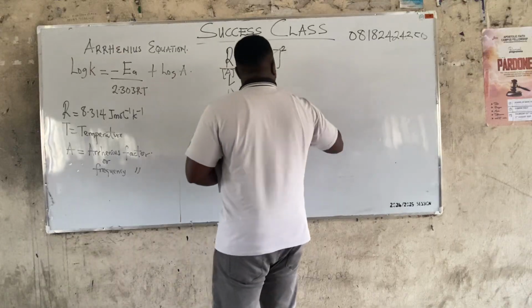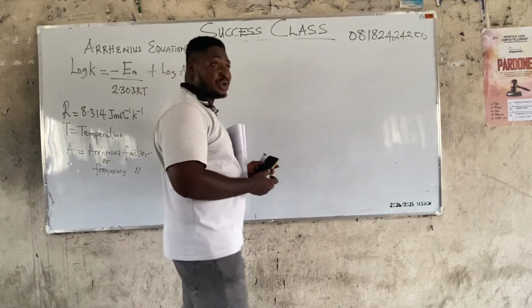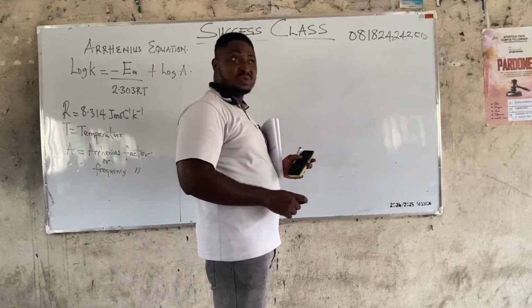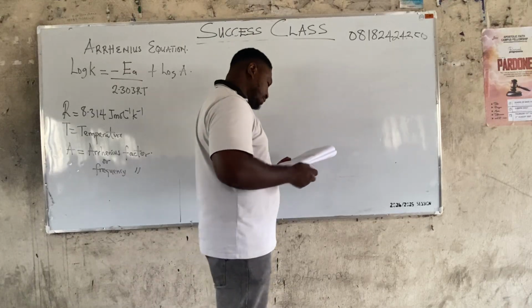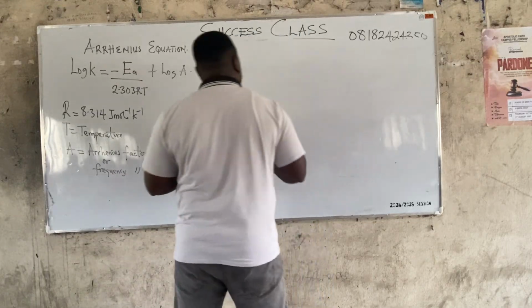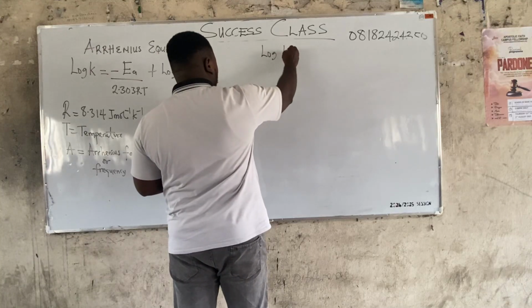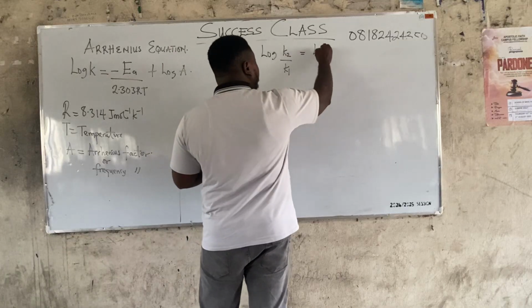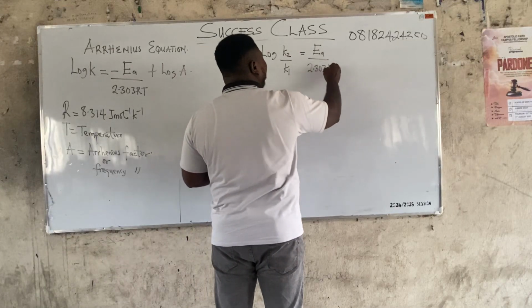When you now have two reactions with their different rate constants and different temperatures, you can be asked to compare and use K1, K2, T1, T2. So let us have a situation whereby we have K2 and K1. Another formula will come up: log K2 over K1 equals Ea all over 2.303 R.